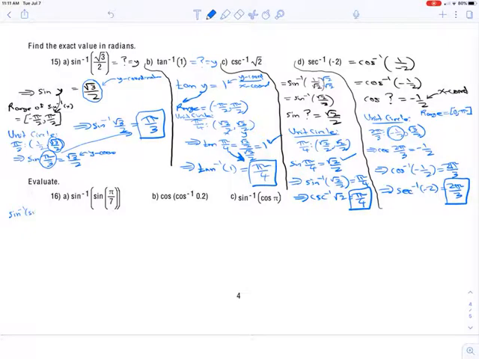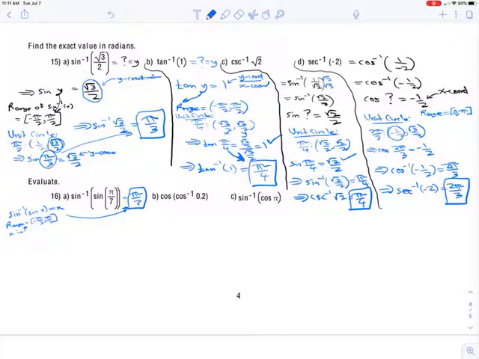Sine inverse of sine of x will always equal x, as long as x is in the range of sine inverse. So as long as it's between negative pi over 2 and pi over 2, you're good. So with this problem here, that equals pi over 7. So we can use our shortcut.